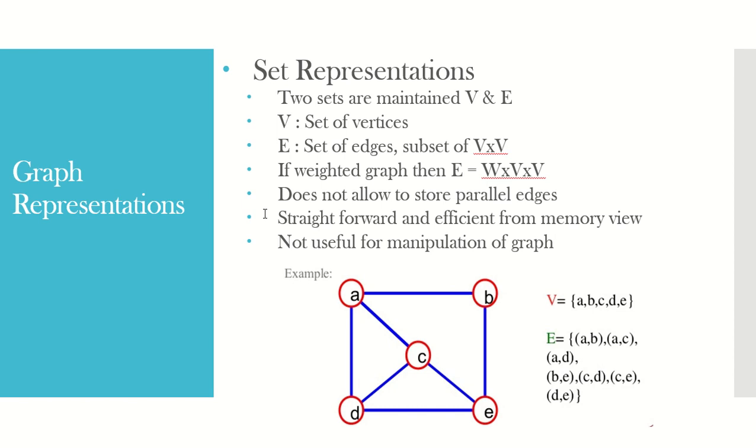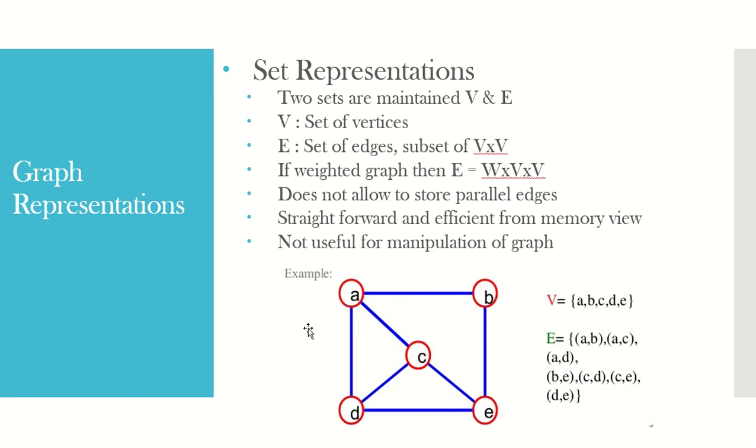The advantage of this representation is that it is very straightforward and simple, and you don't have to spend so much computation on it. But if you really have to manipulate a graph, then you cannot use this. So this is an example of the set representation.